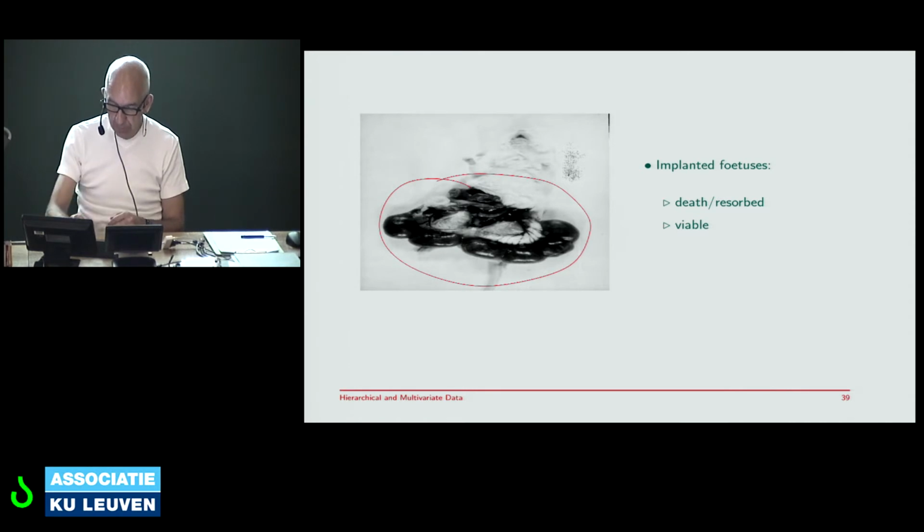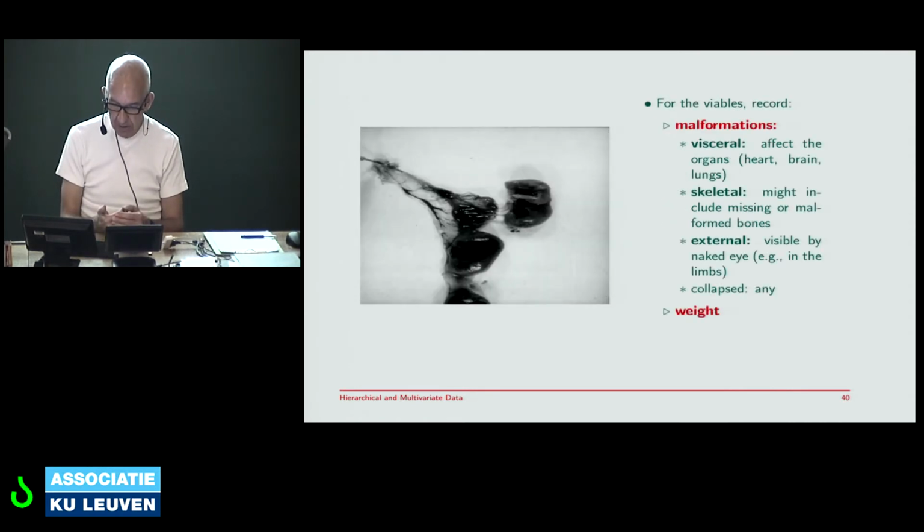And then there are the viable fetuses, and the viable fetuses can be examined for a number of things like visceral malformation, and that is in the organs, the heart, the brain, the lungs. Skeletal malformation is pretty clear, the bone system. And external is a malformation visible by the naked eye.